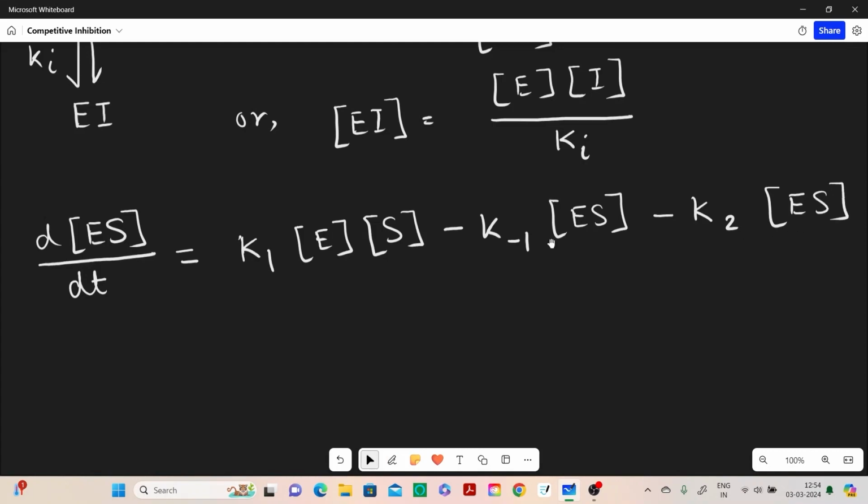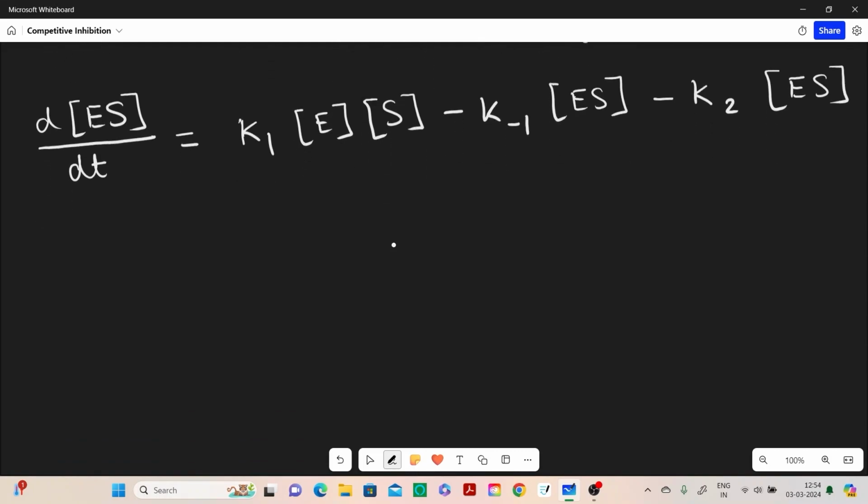So this K2 term will form the product. This K minus 1 term will go back to forming the enzyme and substrate individually.